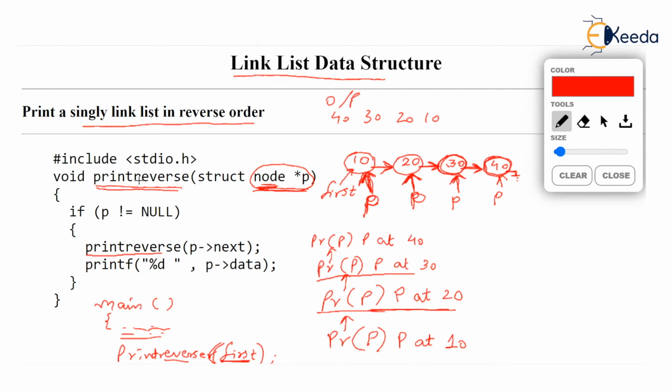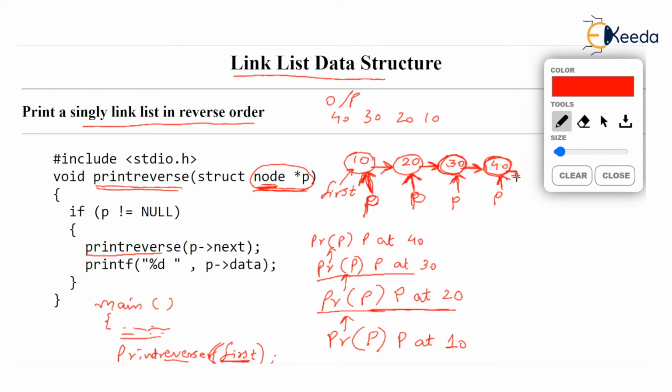Starting this function print reverse with parameter P pointing at 40, if you run it, P is still not null. P is very well pointing to 40. So the if statement runs and calls print reverse P arrow next. Now starts the fun part. When print reverse 40 calls print reverse P arrow next, what is P arrow next? Let's see the cursor place. P arrow next, this next pointer is null.